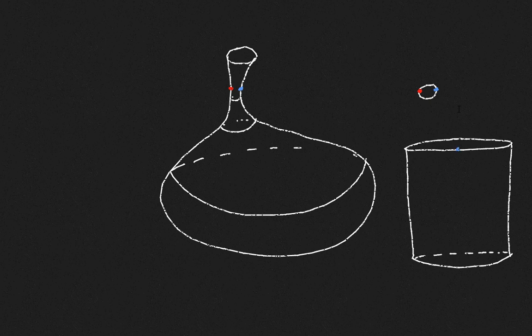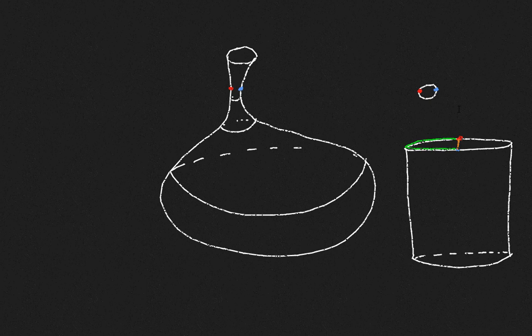Now, this point and this point, well, their Euclidean distance is just this segment, but their distance on the manifold is probably this curve.